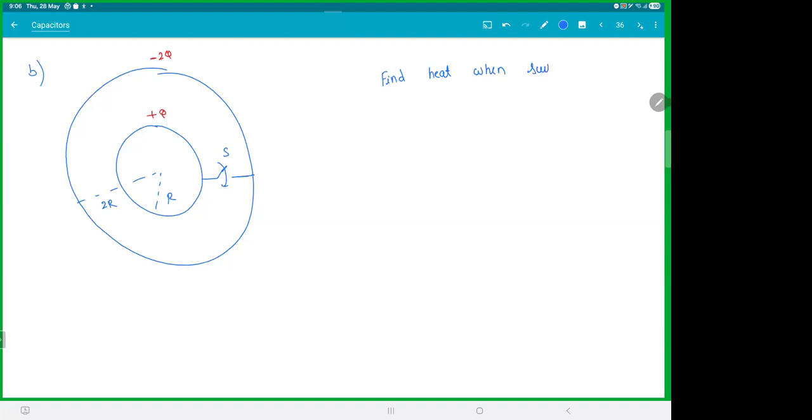If they just ask you distribution, it will be a good mains question. If they ask you heat produced, suddenly it goes to advanced question. Yeah, even under advanced, it is still a moderate level question. It's a good one. Find the heat produced when the switch is closed. Same story.